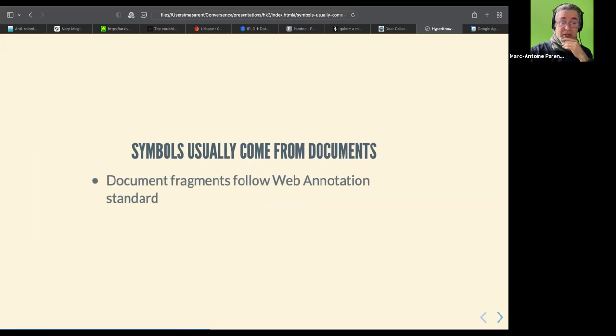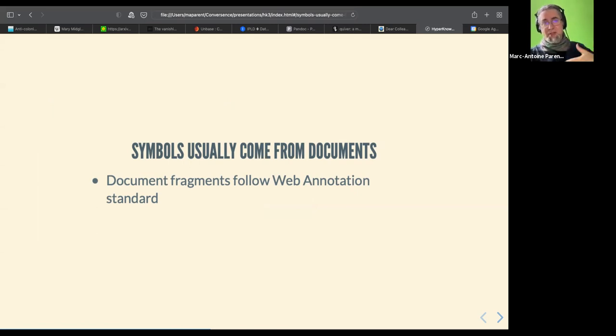Symbols usually come from documents, like language symbols especially, but not necessarily. Like I'm saying here, I'm following the web annotation standard. For example, we can refer to a fragment, which is a time slice in a video. That's not a symbol as such.